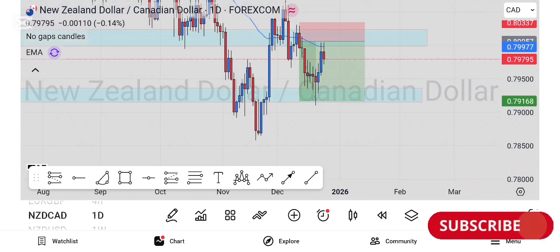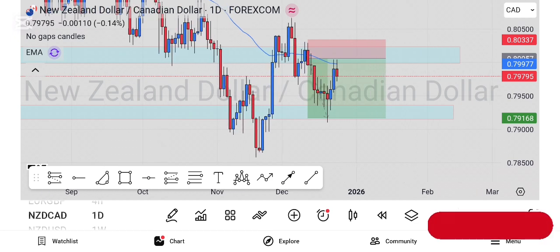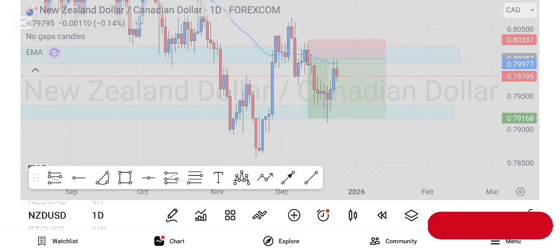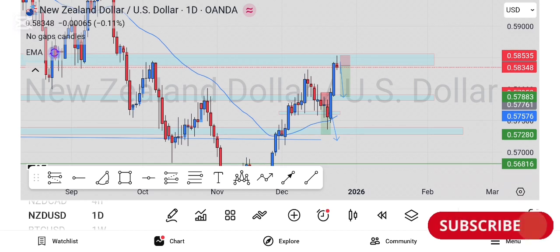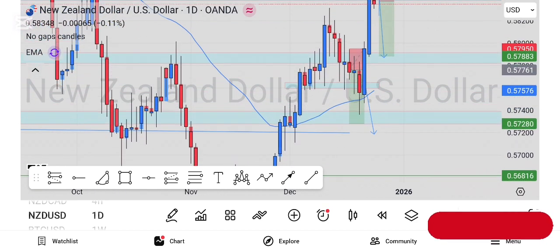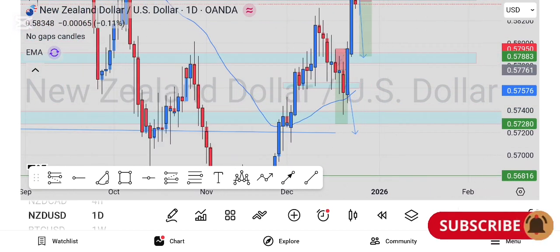The next trade I took that was a mistake to me too was on NZDUSD. It is another crazy trade.